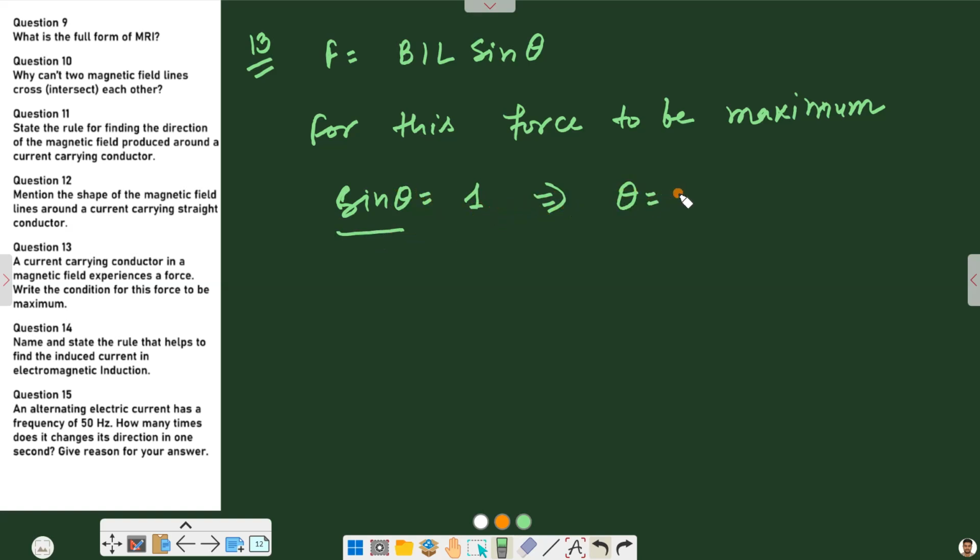This implies theta is 90 degrees. And what is this theta?